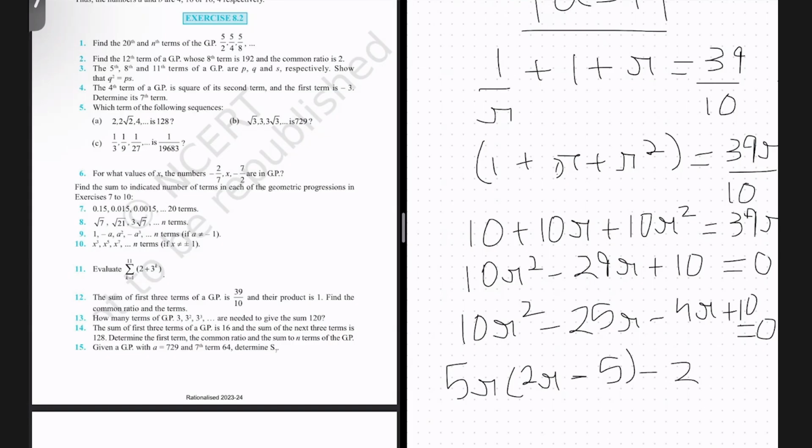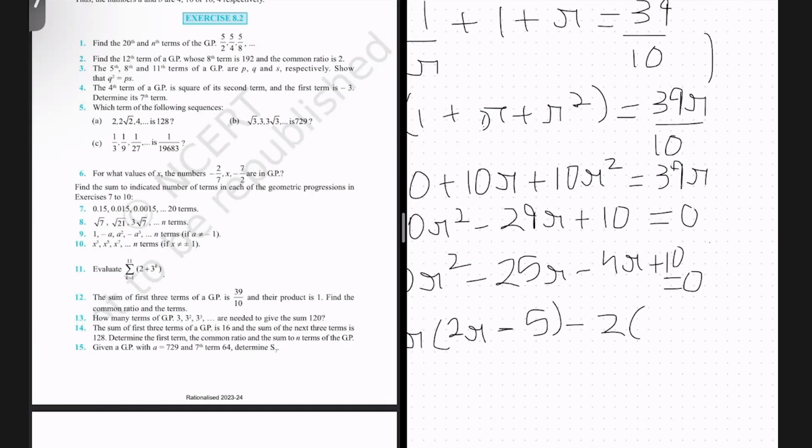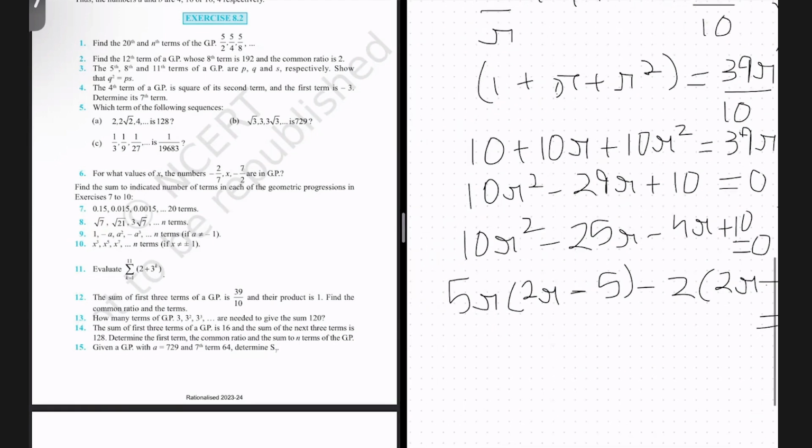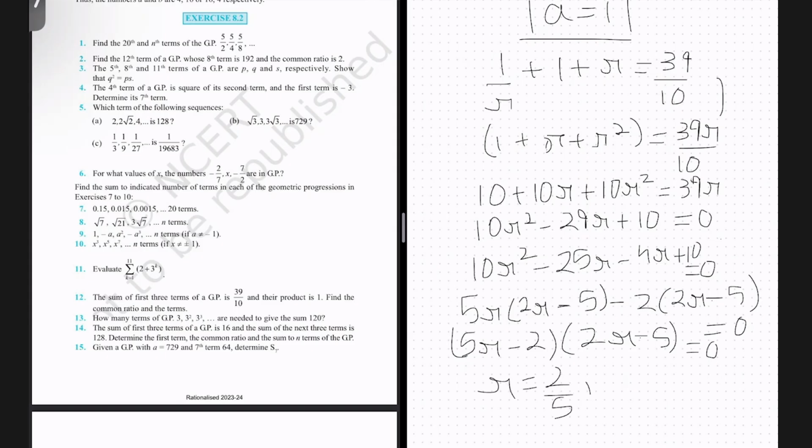Similarly, we take minus 2 common here, so you get 2R minus 5. We have separated these out, and you now have 5R minus 2 and 2R minus 5 equal to 0. So R is either equal to 2 by 5 or 5 by 2.